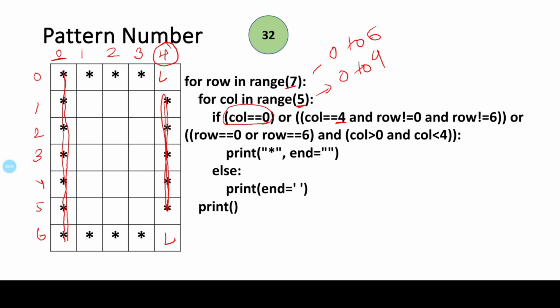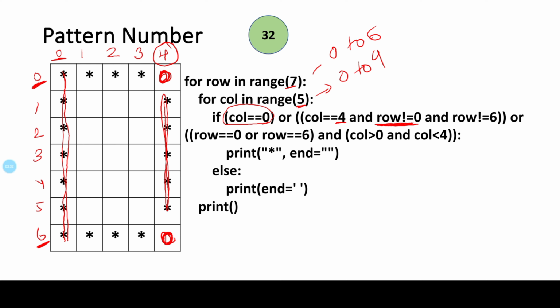For this we have made use of an AND condition: when the column is 4, please draw stars, but make sure that the row is not equal to 0 and not equal to 6. So whenever the cursor is at these two positions, we will not be drawing any stars, right?